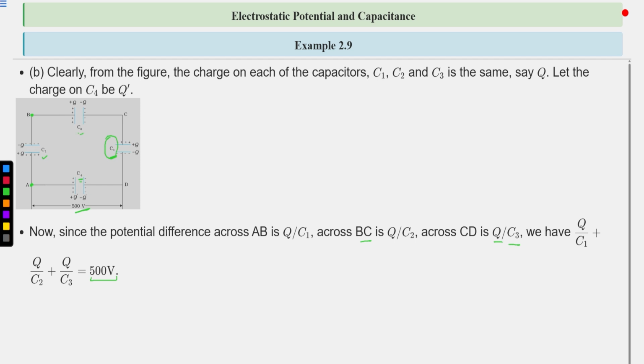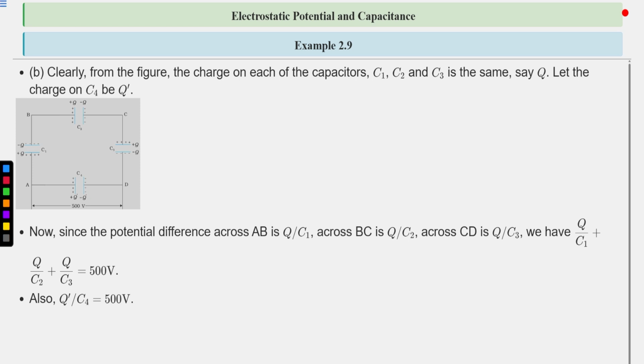So Q by C1 is V1, Q by C2 is V2, Q by C3 is V3, and V1 plus V2 plus V3 is equal to the total potential difference, 500 volt. Understood?